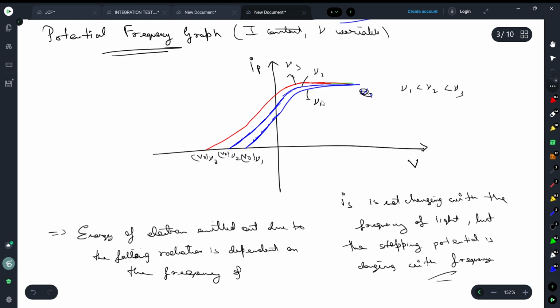Is it clear? So what does that basically mean in very simple words? How is the energy of the electron dependent on the frequency and not on the intensity?